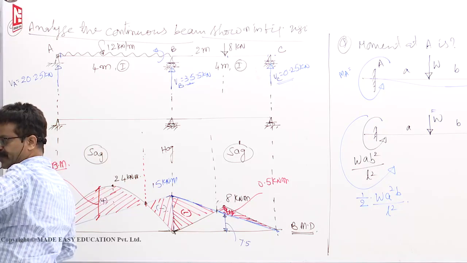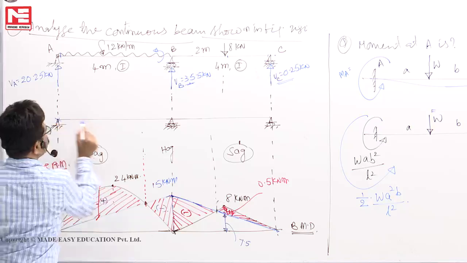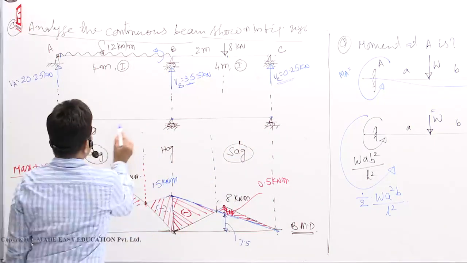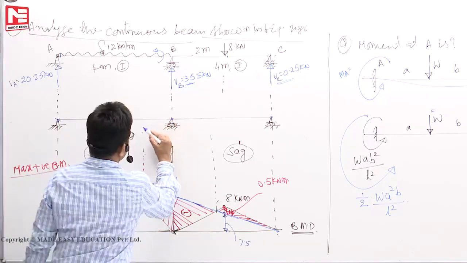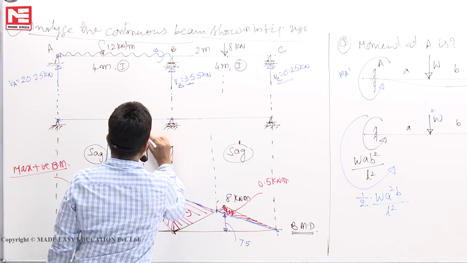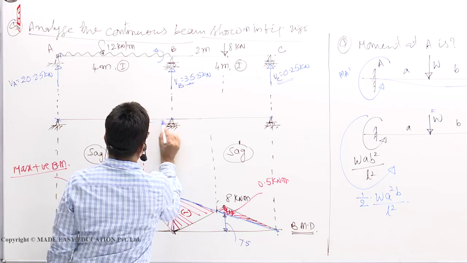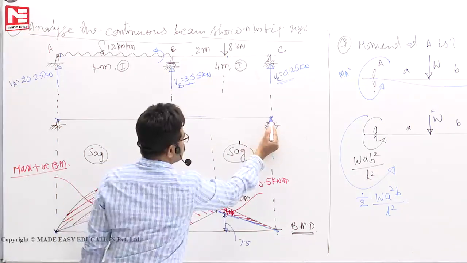Now, how should we manage this? We should not remove the supports at A, B and C. Up to here we must sag it, and this should hog. When it is hogging, we can show it like this. This is hogging, this is sagging.